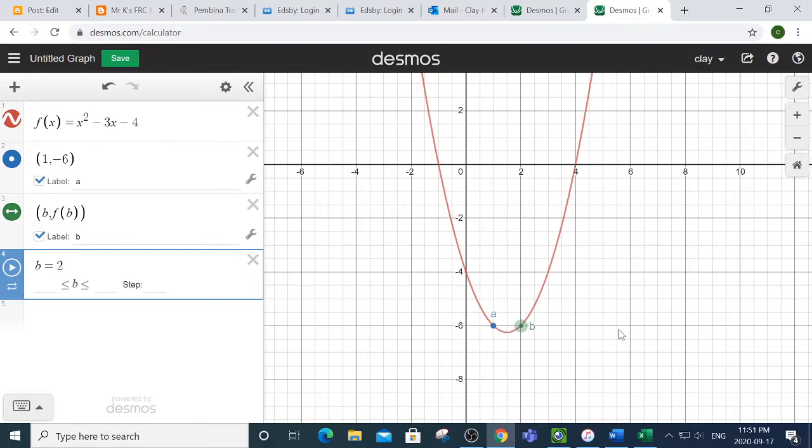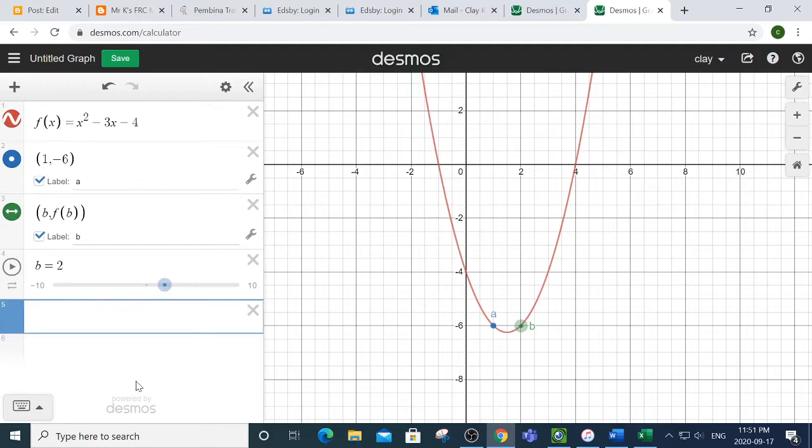And remember, that had a slope of 0. Let's prove that it had a slope of 0. Let's actually enter our slope formula. Our slope formula is m equals y2, which again, I've been calling y2, so I'm just going to put f of b, minus, and then in this case, well, minus negative 6. So again, I might as well just say plus 6.